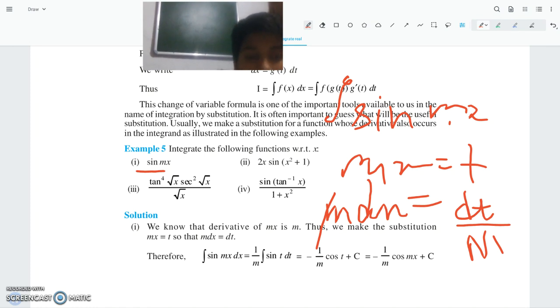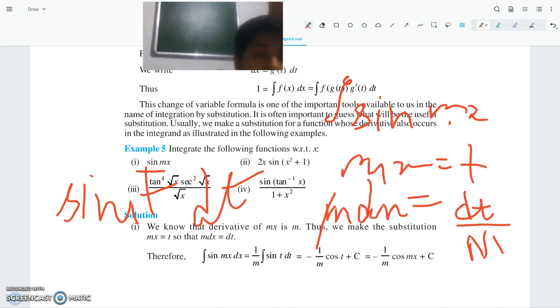So sin mx is written as sin t, and dx is written as dt upon m. Since m is constant, we can remove it before the integration. We know the integration of sin t is minus cos t.